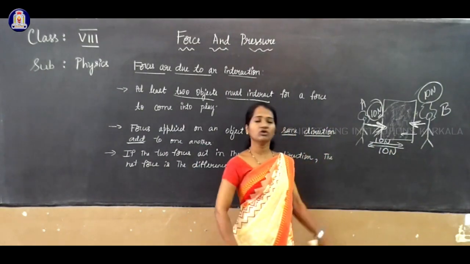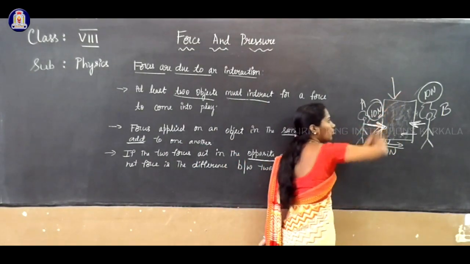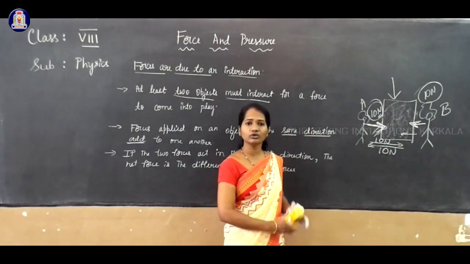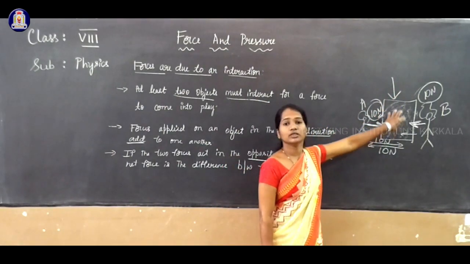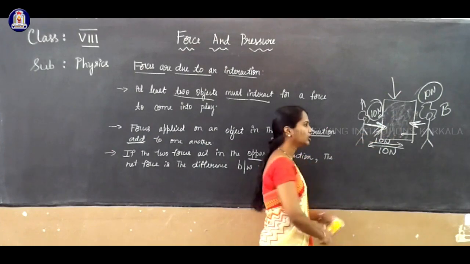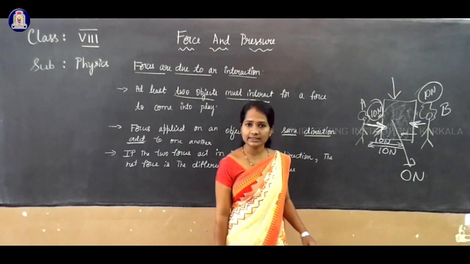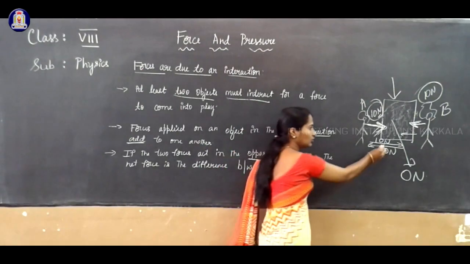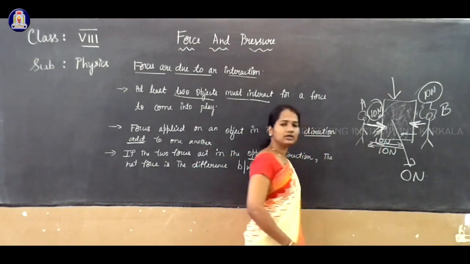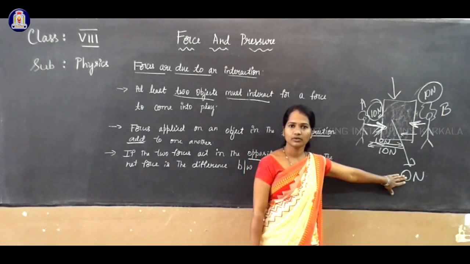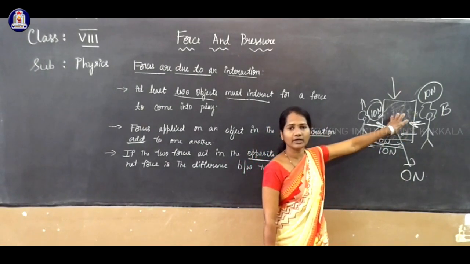Then what is the total force applied on the box? The total force applied on the box is 0 Newton. Why is it 0 Newton? 10 Newton minus 10 Newton is 0 Newton. So no net force is applied on the box.